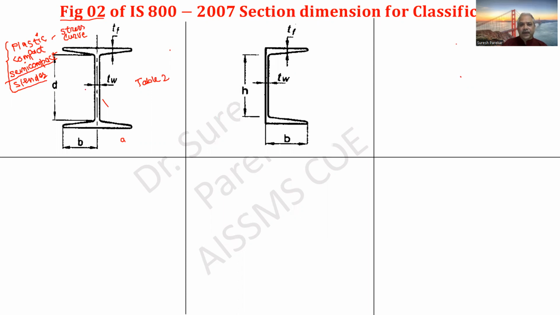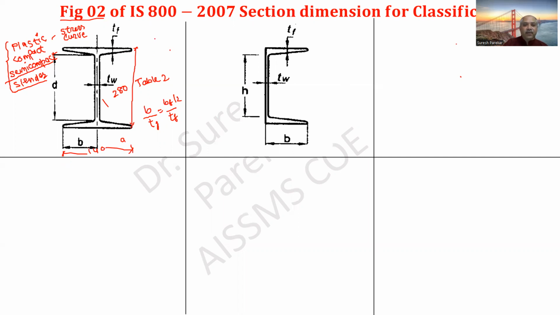Then from table 2 you have to find all these values, and keep in mind that for this we have B upon TF, and B you can see is BF by 2 upon TF. Keep that in mind, because sometimes they may give you, suppose, a flange width of 140, with a value given as 280 something, and ask what the value of B by TF is.